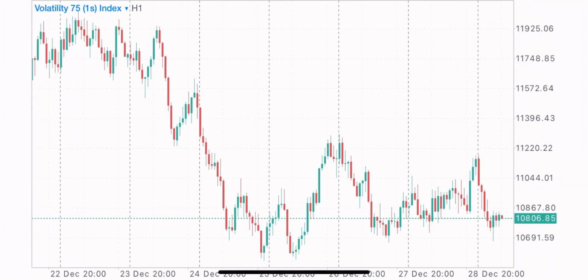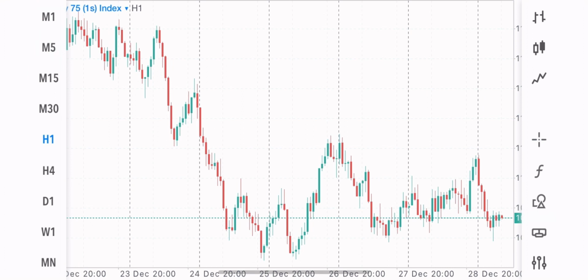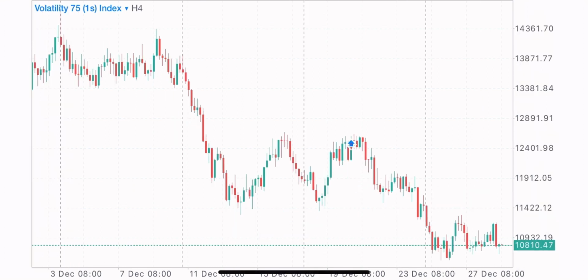Okay, so let's get into it. First of all, this is how you should draw your trend lines. Let me go back to the 4-hour chart. Let's go through the concept we follow when drawing a trend line. First of all, you need a minimum of 2 touches to be able to draw a trend line.